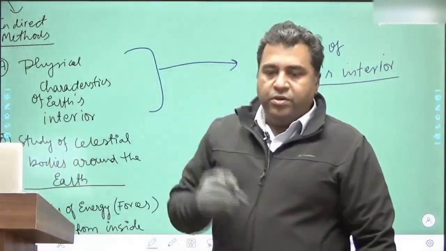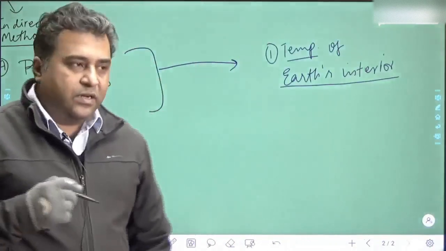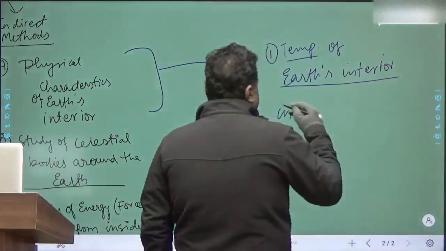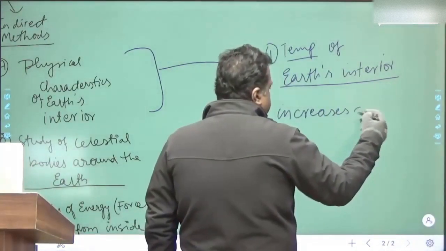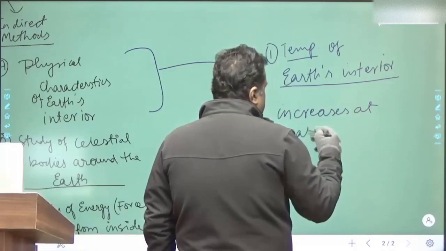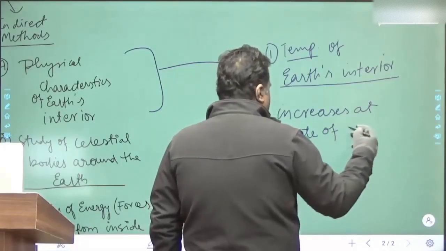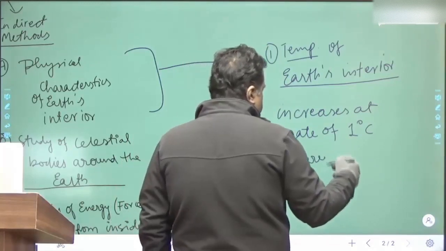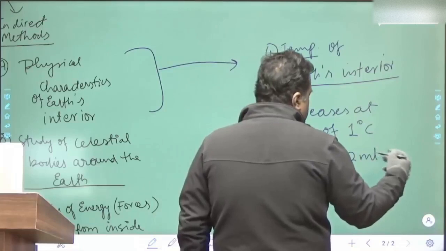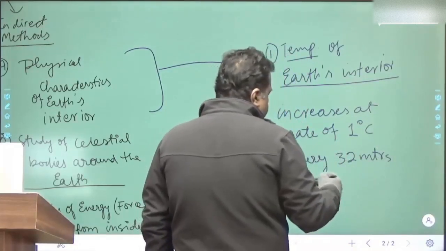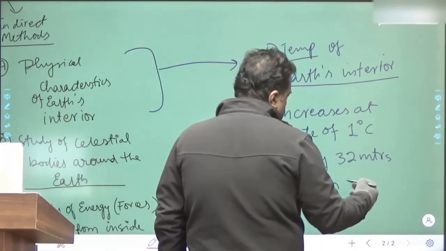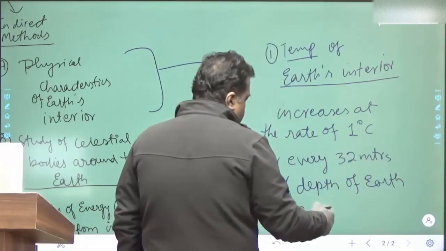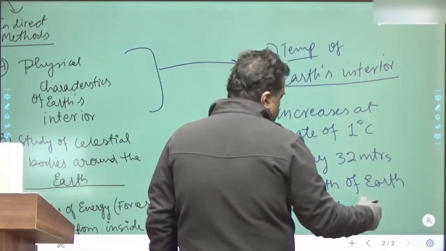I want you to note down, write this way: temperature increases at the rate of 1 degree Celsius for every 32 meters of depth of Earth from surface of Earth.